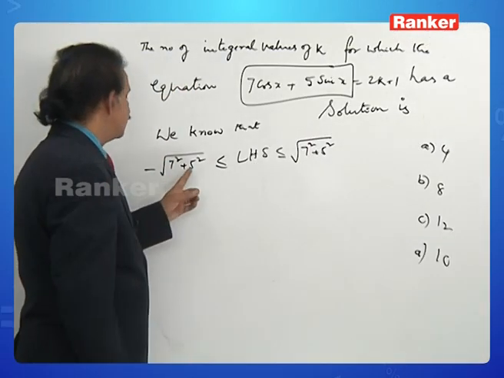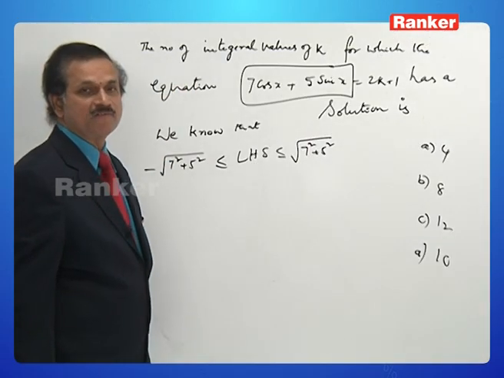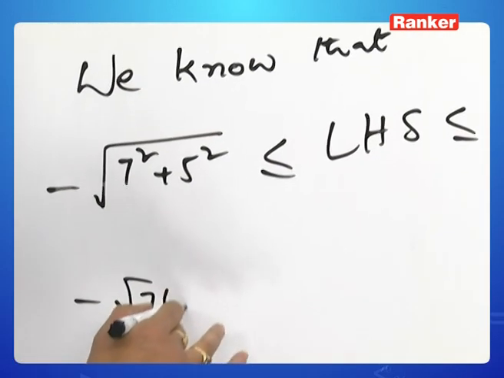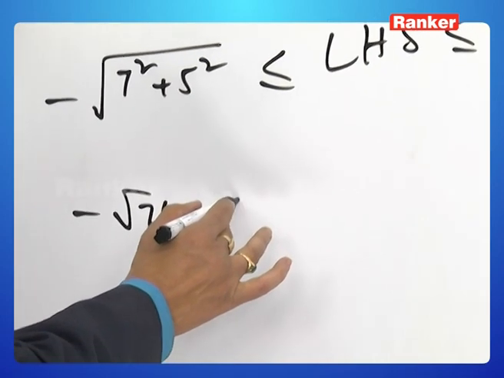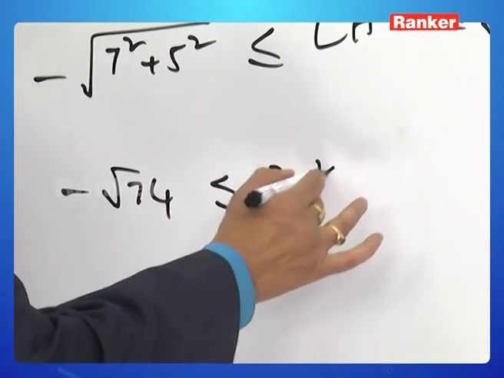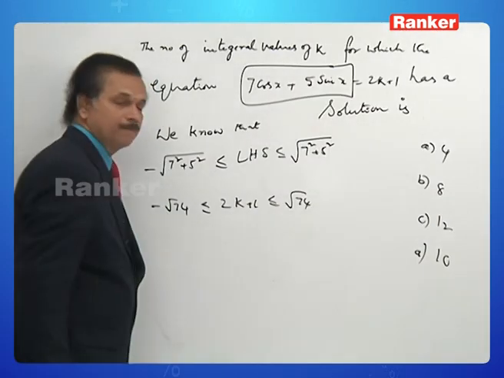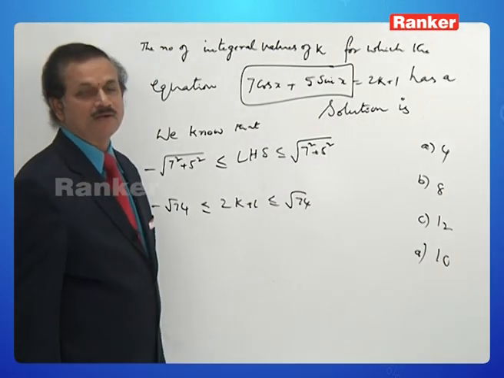This is 49, this is 25. 49 plus 25 is root 74. Hence this is minus root 74 less than or equal to 2k plus 1 less than or equal to root 74.